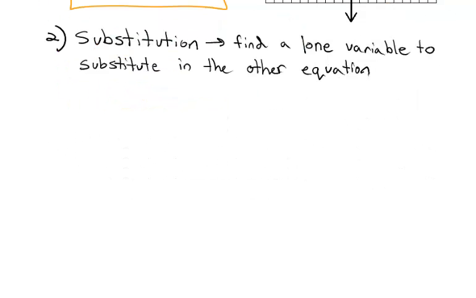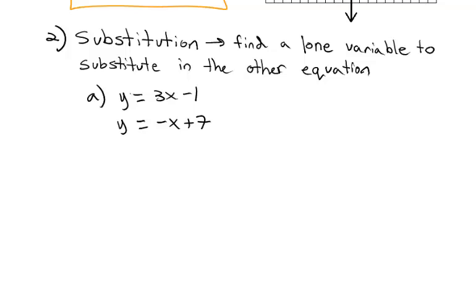So let's do a couple examples of substitution where we do that. Let's say we have y equals 3x minus 1 and y equals negative x plus 7.